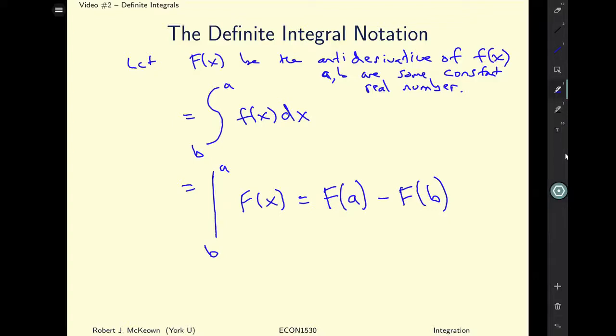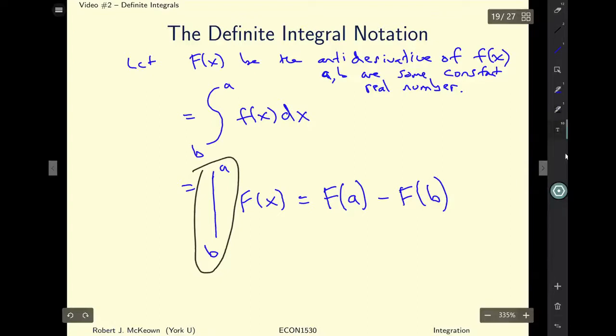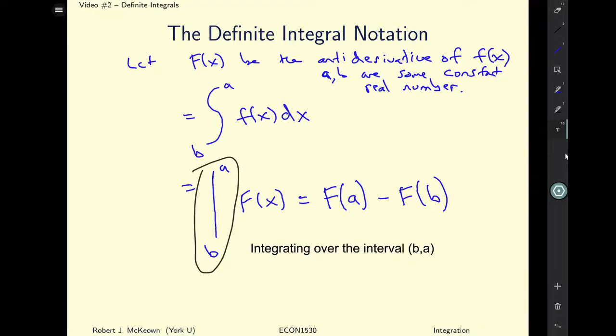And the last thing I'll add is this symbol down here. This tells us that we are integrating over the interval B to A.